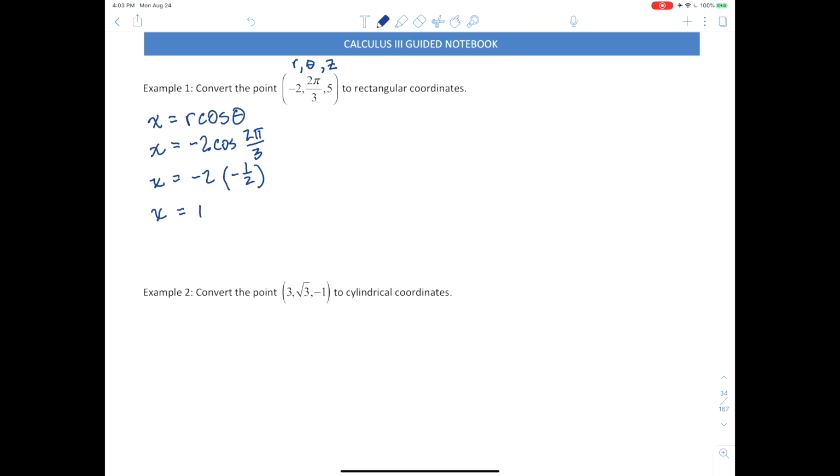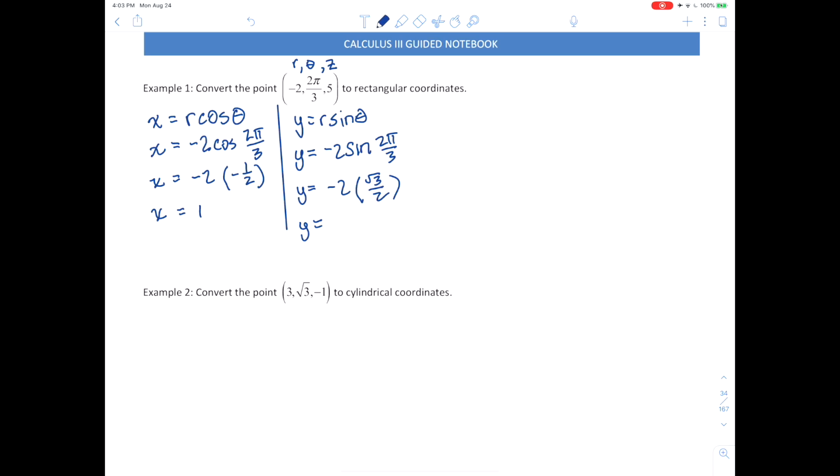Cool so far? All right, now let's do our y. Y is equal to r sine theta. And that gives us y as -2 times sine of 2 pi over 3. So y would be equal to -2 times √3 over 2. So y is equal to -√3. Cool, cool?